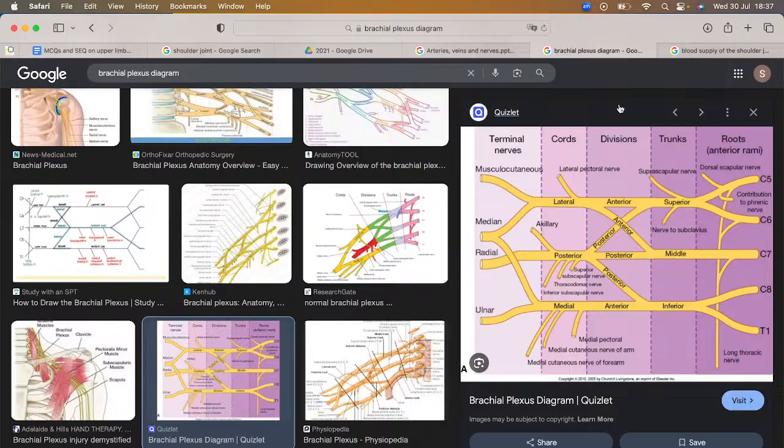So you can make all your annotations with one color. Let's say all the names, like in this case, brachial plexus, cords, divisions, trunks, roots, maybe in green, and then the diagram is done in black, the backbone of the brachial plexus, and then the branches are done in a different color, let's say red, and the annotations with a different color.